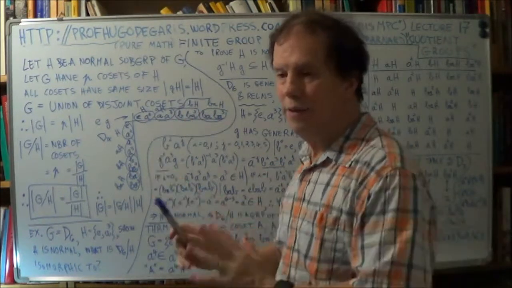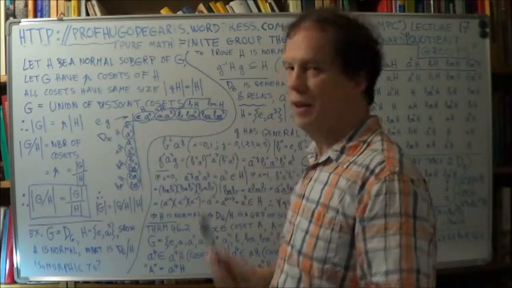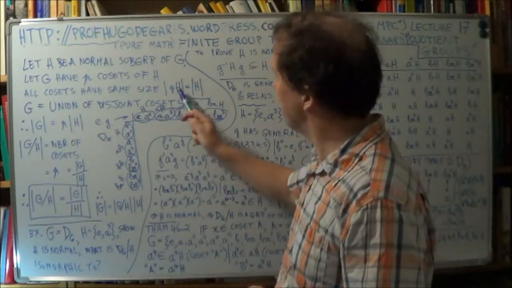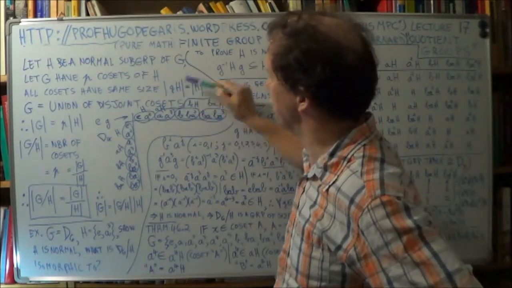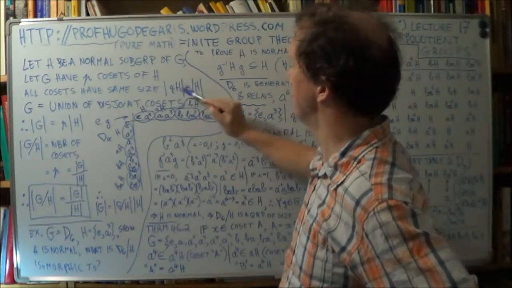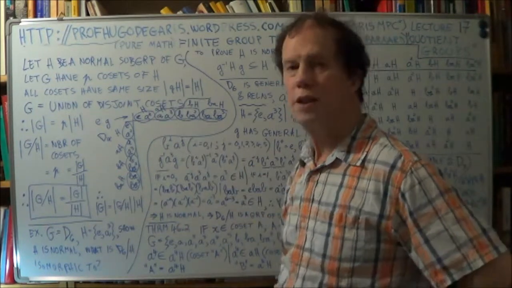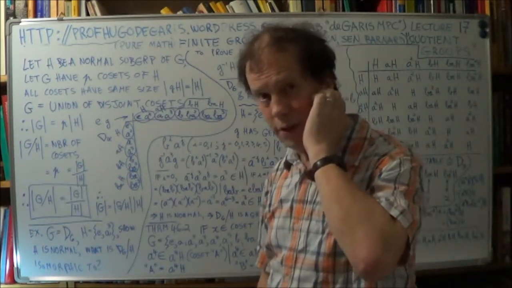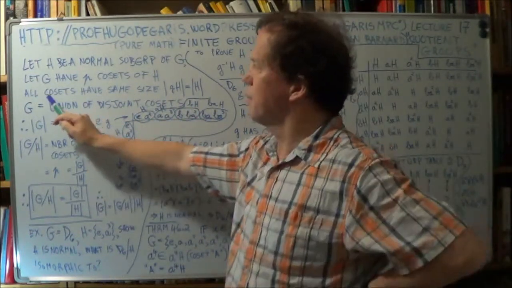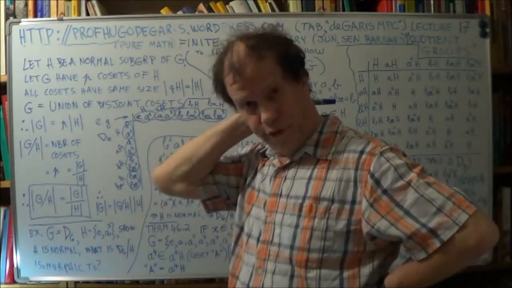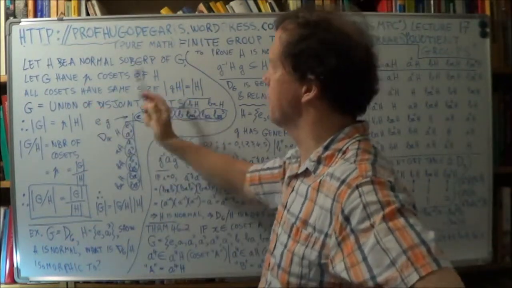That'll rearrange the order of the elements in H, but it won't change the number of elements in H. So the number of elements in the set gH is just the same as in H. So all cosets of H are the same size. They'll all have the same number of elements. Now this was a critical factor in the proof of Lagrange's theorem, if you remember.